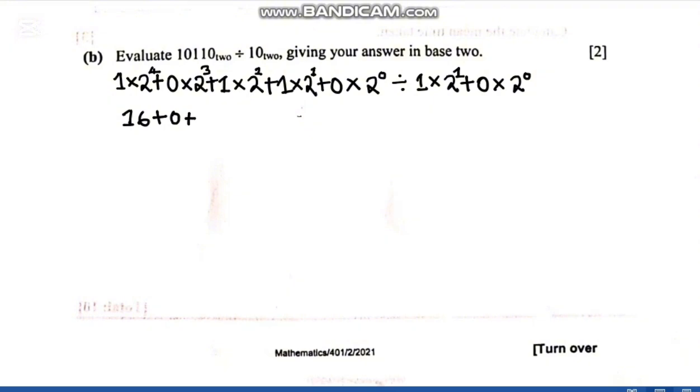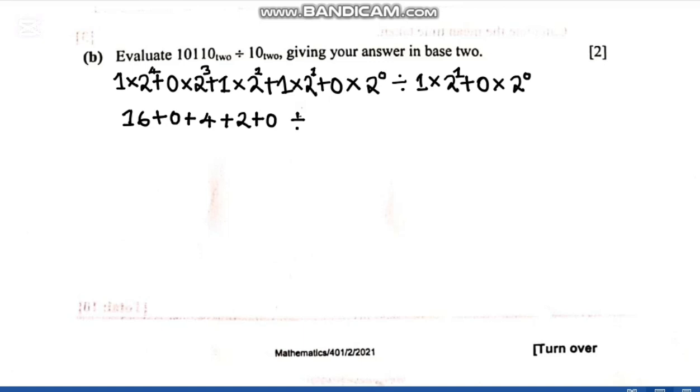Plus 1 times 2 to the power 2: 2 to the power 2 is 4, times 1 gives 4. Plus 1 times 2 to the power 1: 2 to the power 1 is 2, times 1 gives 2. Plus 0 times 2 to the power 0: 2 to the power 0 is 1, times 0 gives 0. Then divide.